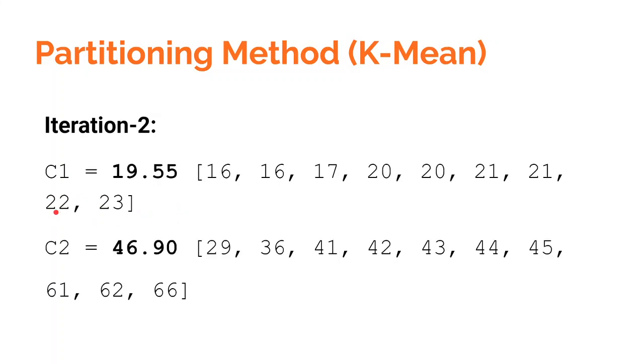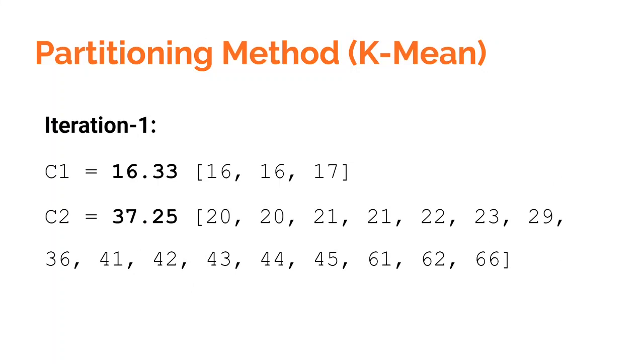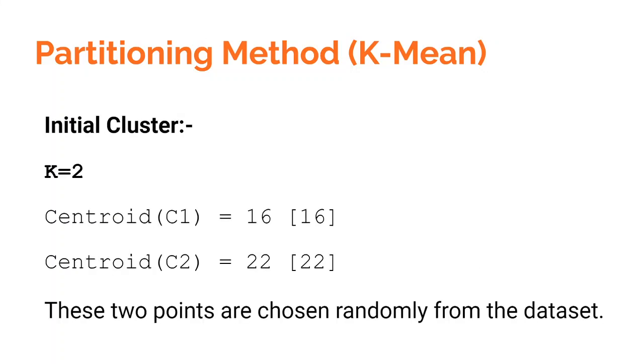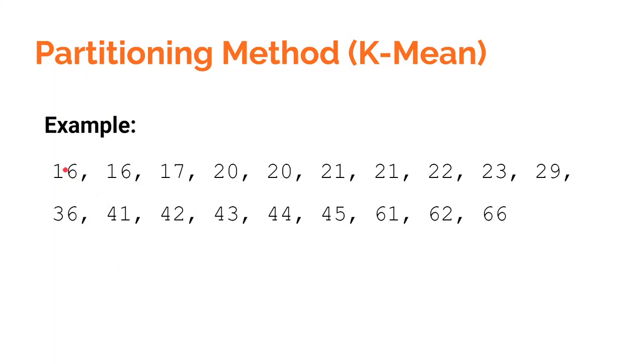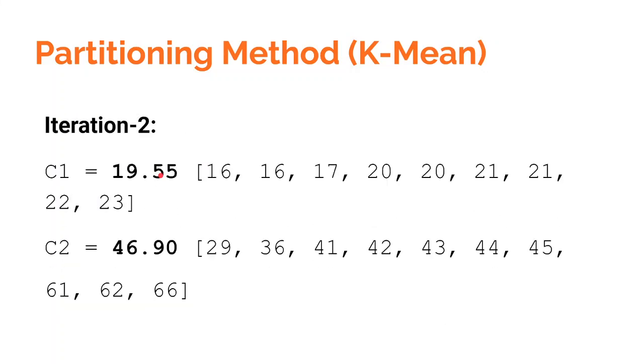Then again I will find the values which are near to 17 and near to 38 and arrange them according to the respective cluster. Since 16 is close to 17, and this 16 also is close to 17, I will arrange all these 16 and 17 values in the first cluster.